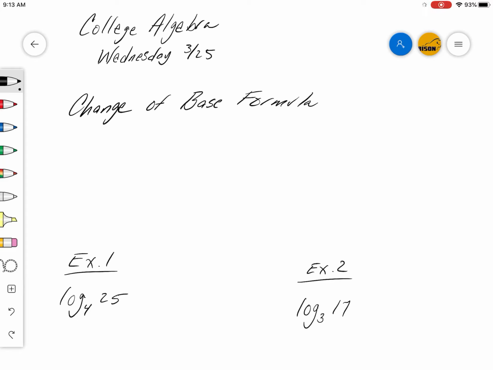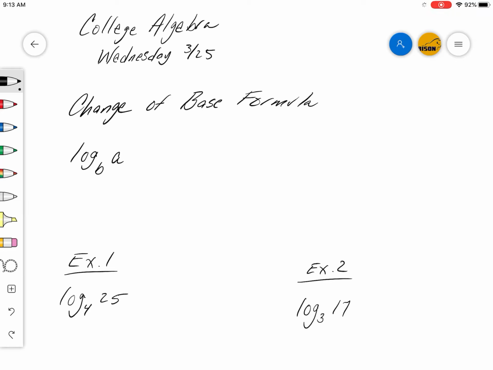So for the change of base formula, I can alter these so that I can type them into the calculator. I'm going to write down a little thing here. Let's go with, like we did on Monday, log base b of a. I've got a couple options. I can do this the common log way.